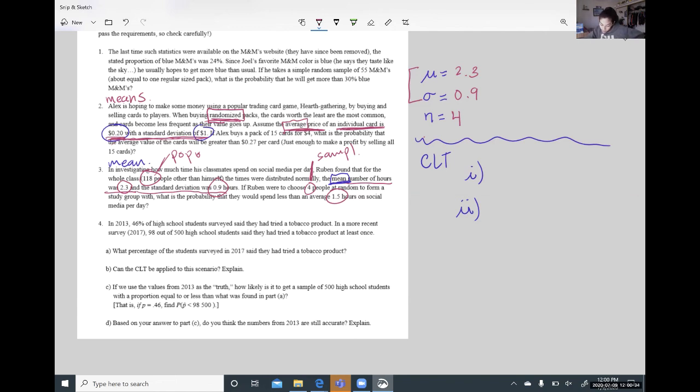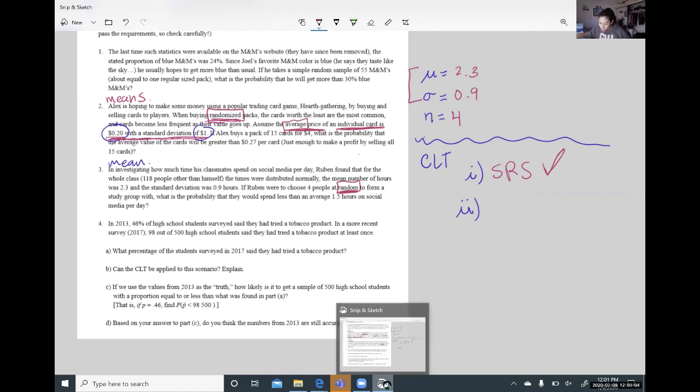Okay, central limit theorem. The first requirement is a simple random sample. We need to look at the problem and see if they said simple random sample anywhere. You see that word, random? They were choosing at random, so we have a simple random sample.